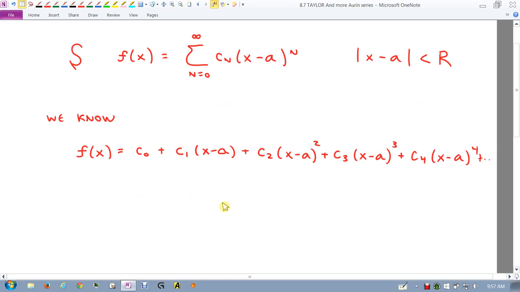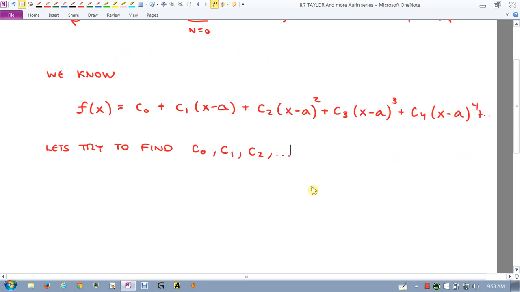So how about this? Let's try to find c sub 0, c sub 1, c sub 2, without me giving you a function. So I'm not going to even give you an example of a function to use. Just in general, can we figure out what those are? So here's where, I think this is beautiful.